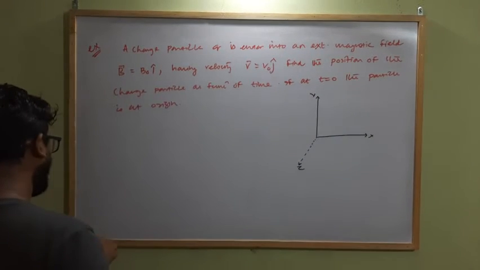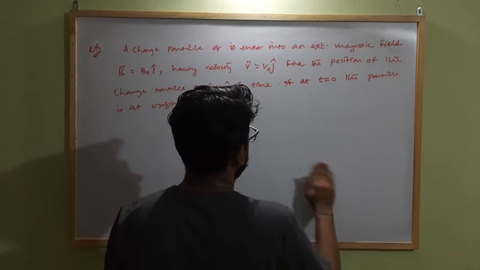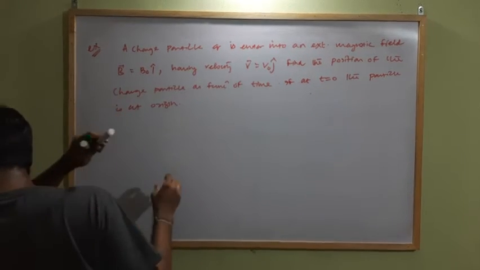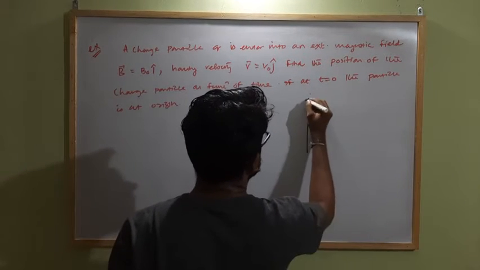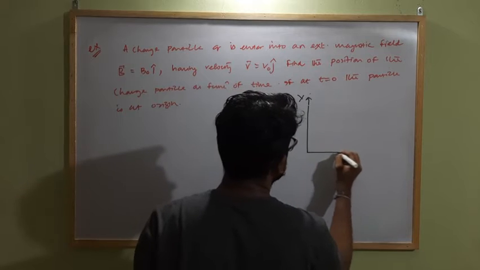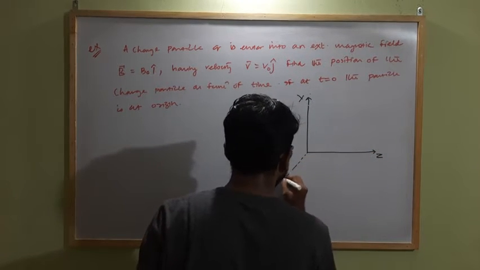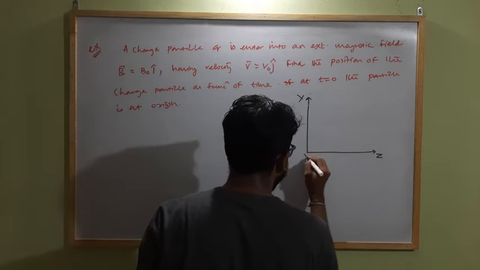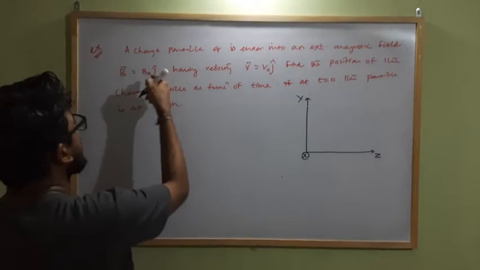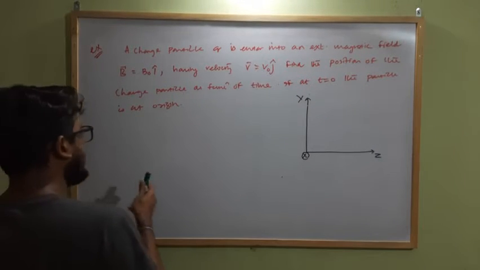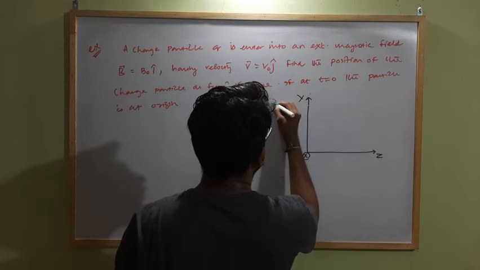So for our convenience I am drawing the coordinate axes like this: this is y-axis, this is z-axis, and the x-axis is here, positive x-axis into the plane. So as per the question, the magnetic field is along the positive x-axis, so the magnetic field over here will be inward.